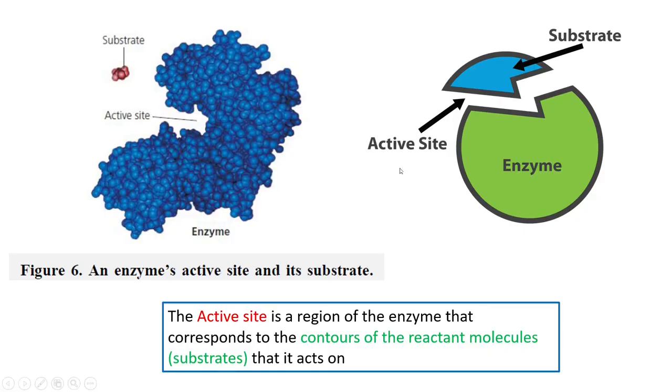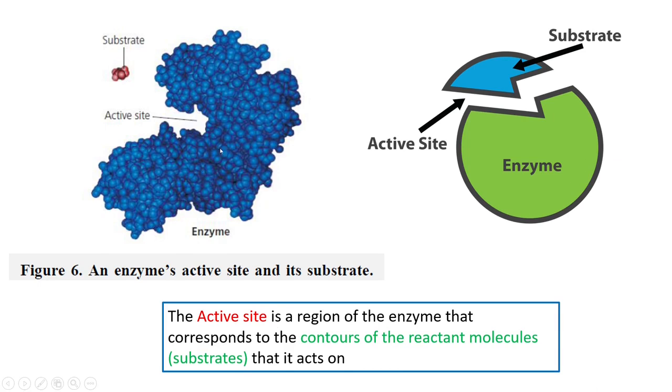Particularly noted here is that the substrate must enter the active site of the enzyme in order for the activation energy to be reduced, so that the reaction can proceed faster compared to normal conditions. Take note that the active site is a region of the enzyme that corresponds to the contours of the reactant molecules, or the substrate, that it acts upon.